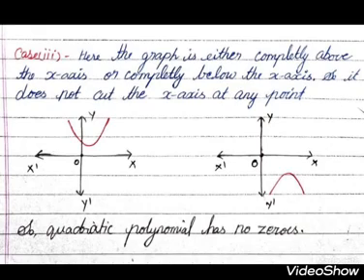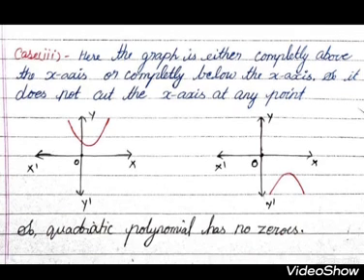Why do we say no zeros? We find the zeros of the polynomial by observing the graph. The graph should intersect at least at 1 point or 2 points. If it doesn't intersect the x-axis, we conclude there are no zeros for that polynomial.